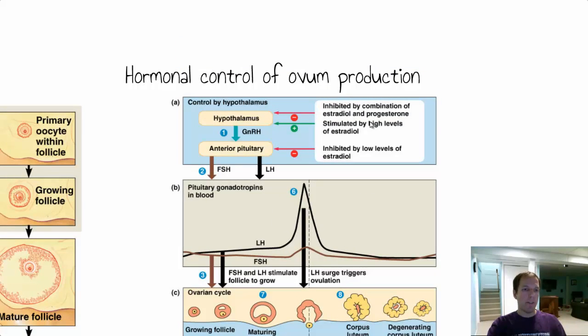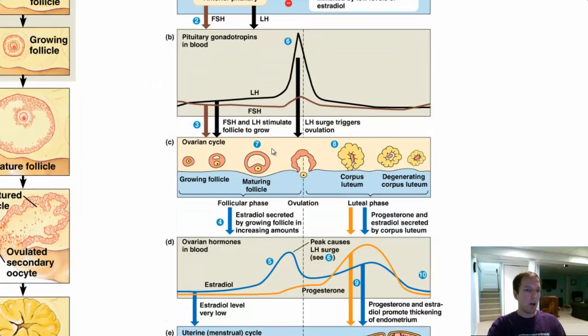So if we have both of those hormones, that says no, but if we have just the estrogen, that's saying yes. Finally, the pituitary is inhibited by low levels of estrogen. So if estrogen levels are very low, then we don't want the follicle to be released, because if estrogen is low, like it is here at the beginning, that's telling us that the follicle is not mature. If the follicle is not mature, then the ovum is not ready to be released.